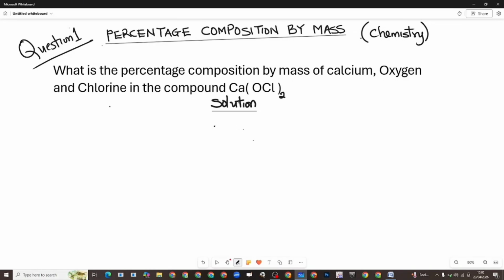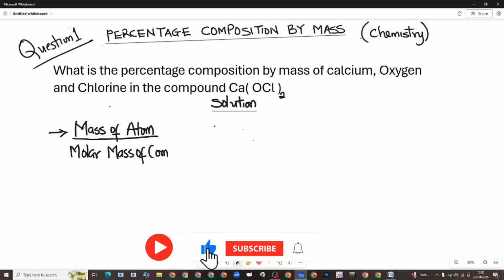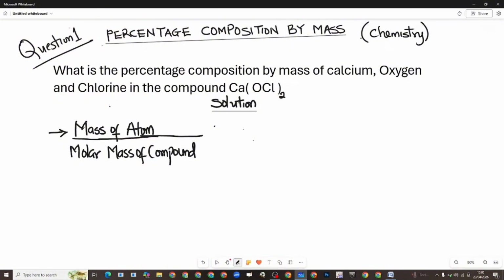The formula for this is the mass of the atom or substance over the molar mass of the compound, times 100 over 1.